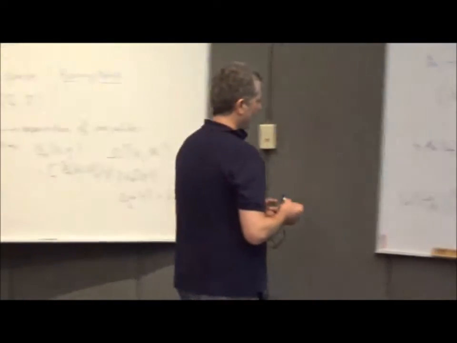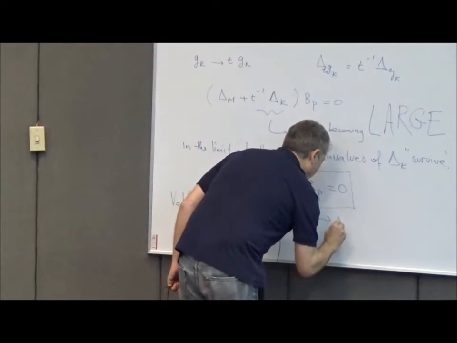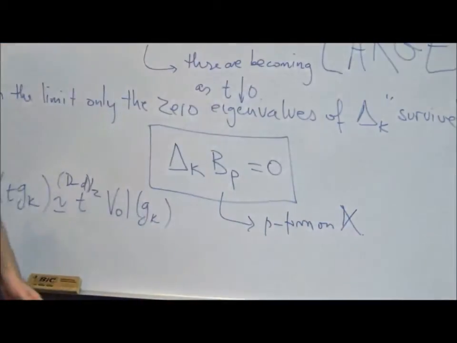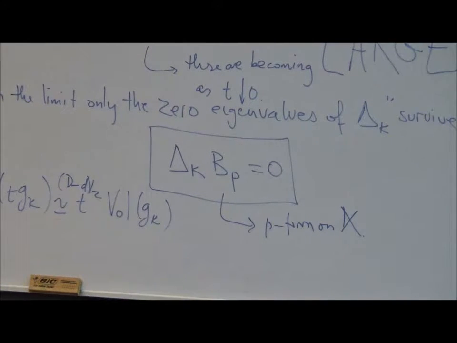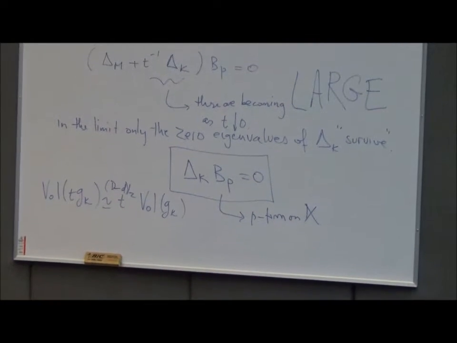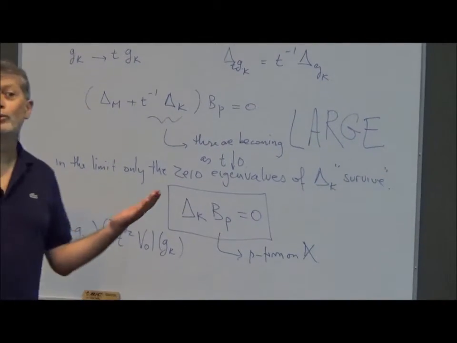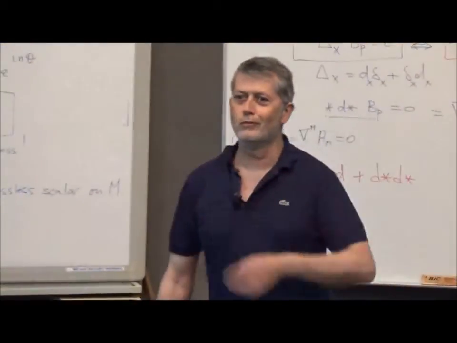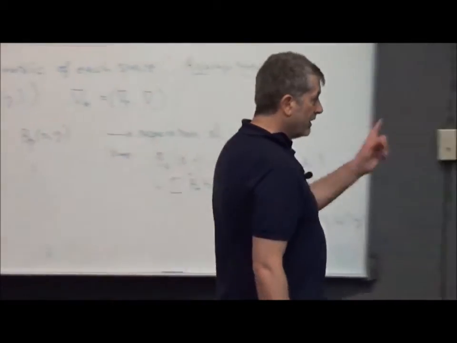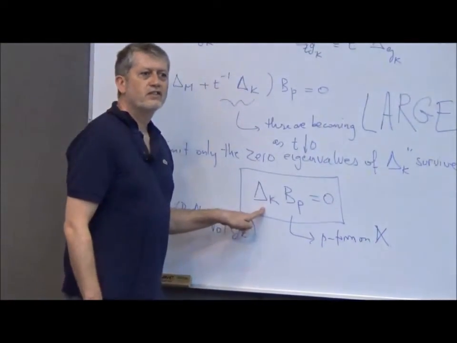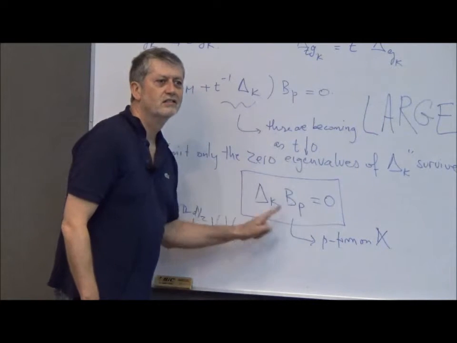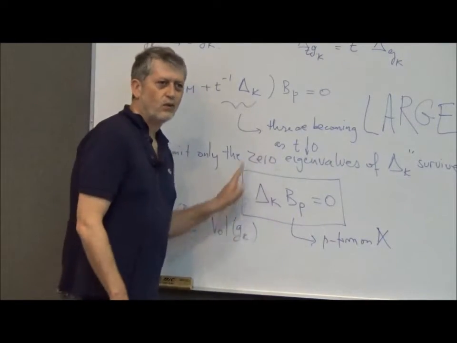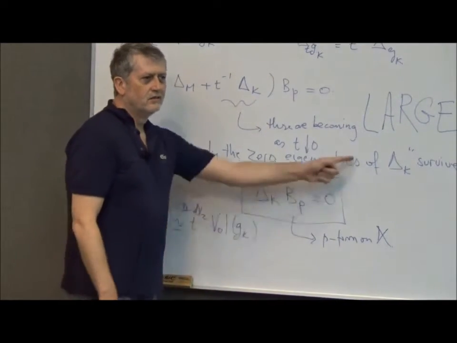So let's recall that p-form on X. And as we wrote before, p-form on X is anything but necessarily a p-form on M. It could be a p-form on M, p-1 form on M, p-2 form on M, and so on, on K as well. And so this operator changes depending on the nature of this thing here. This is a linear sum of objects, and what this does to each one of those objects is different.